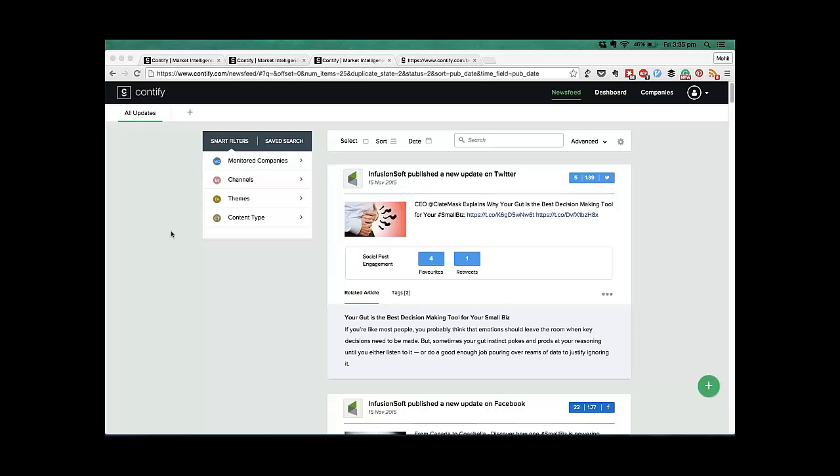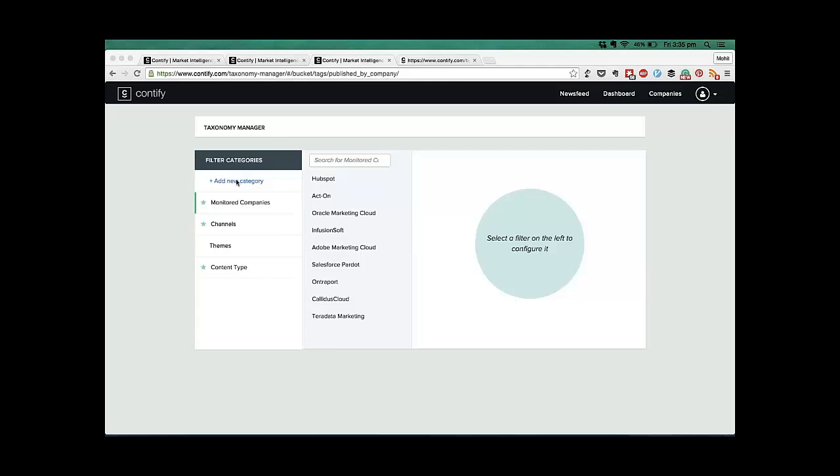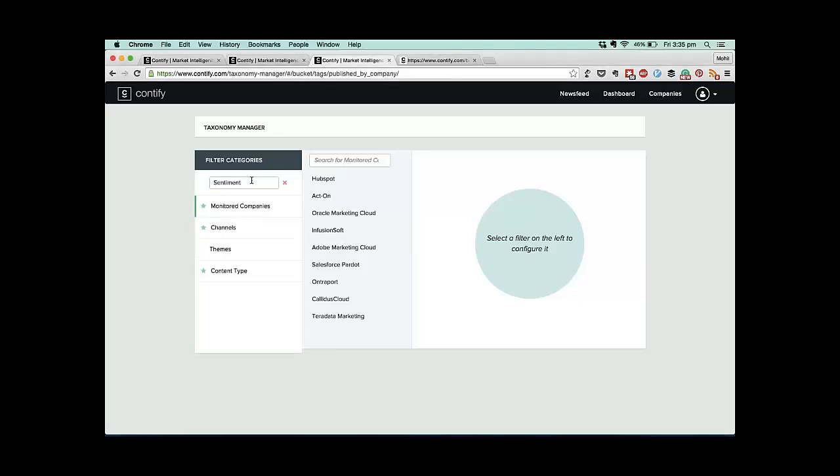So adding a custom bucket, I'll just very quickly show you if my screen is still visible. I'm going to go into the taxonomy manager, and here let me just quickly show. I'm going to add a new category called sentiment, and sentiment is added.